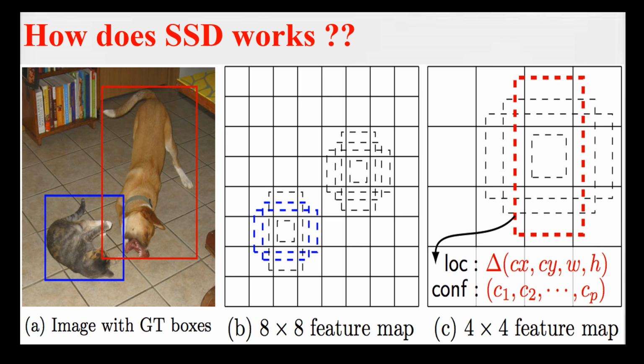Each input is divided into grids of various sizes, and at each grid the detection is performed for different classes and different aspect ratios, and a score is assigned to each of these grids that says how well an object matches in that particular grid, and non-maximal suppression is applied to get the final detection from the set of overlapping detections. So this is the basic idea behind this SSD model.